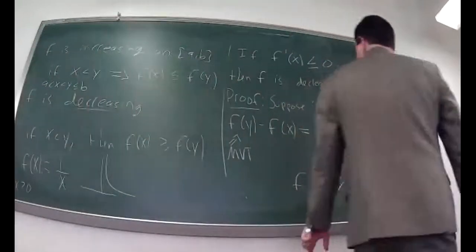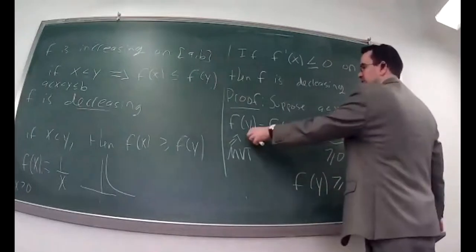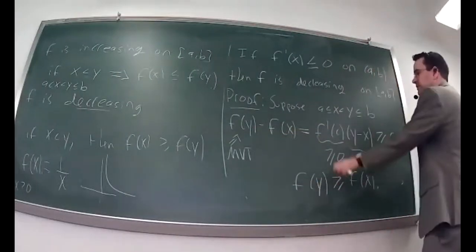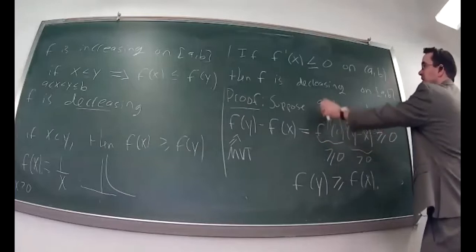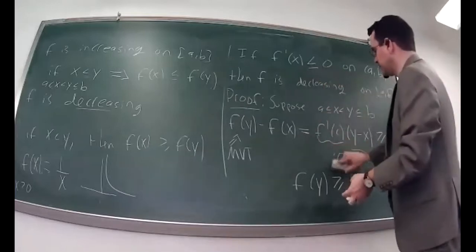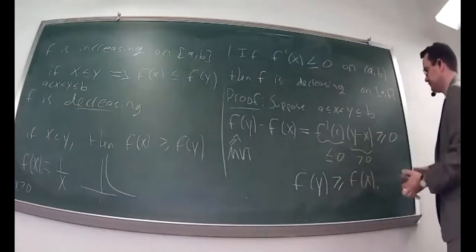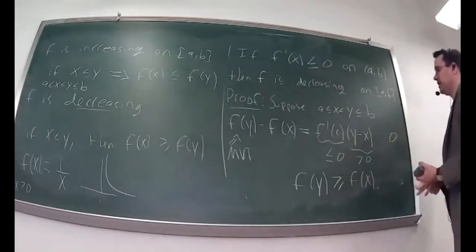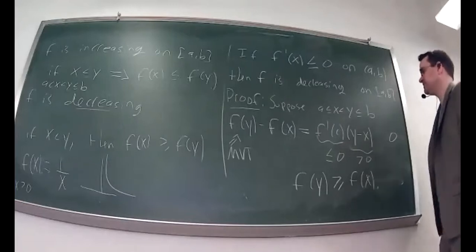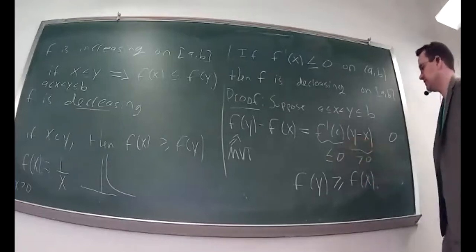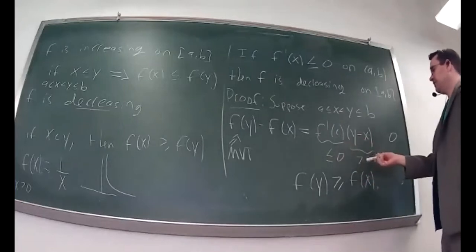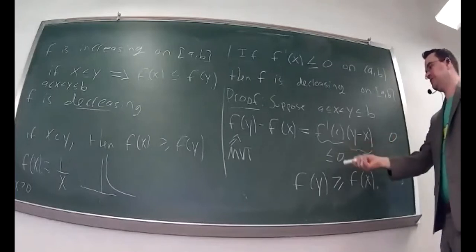And so when I do it this way, I just look at, again, f of y minus f of x. By mean value theorem, it's equal to f prime of c, which now is going to be less than or equal to 0. And now I've got y minus x is still bigger than 0, multiplied by something that's less than or equal to 0. So if it's positive number times 0, it's equal to 0.